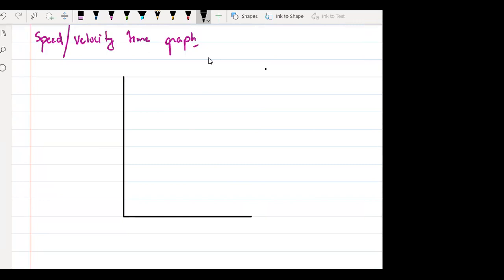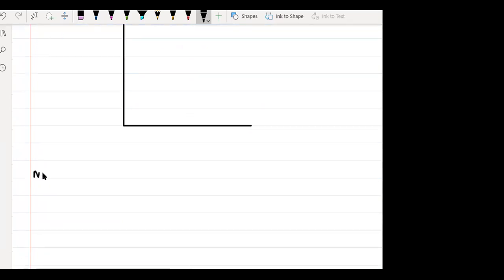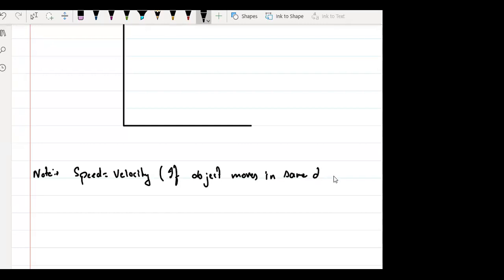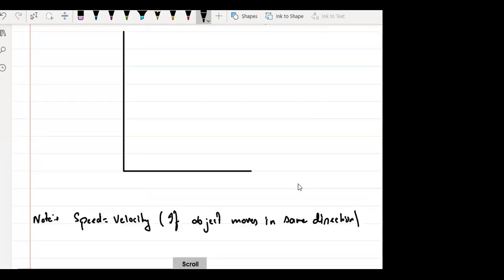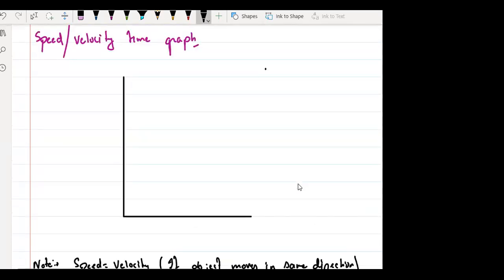So I can just write a note over here. Note: speed is equal to velocity, right? If object moves in same direction. ठीक है? Means straight line move करे, ठीक है? So here we will be talking about that kind of motion only.